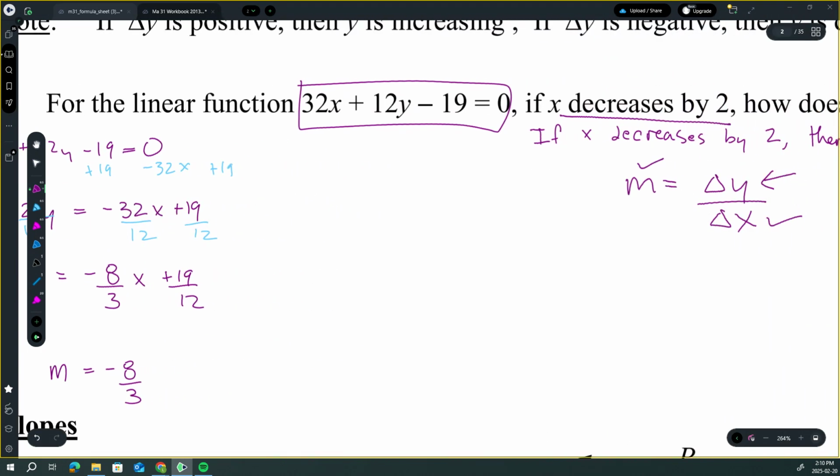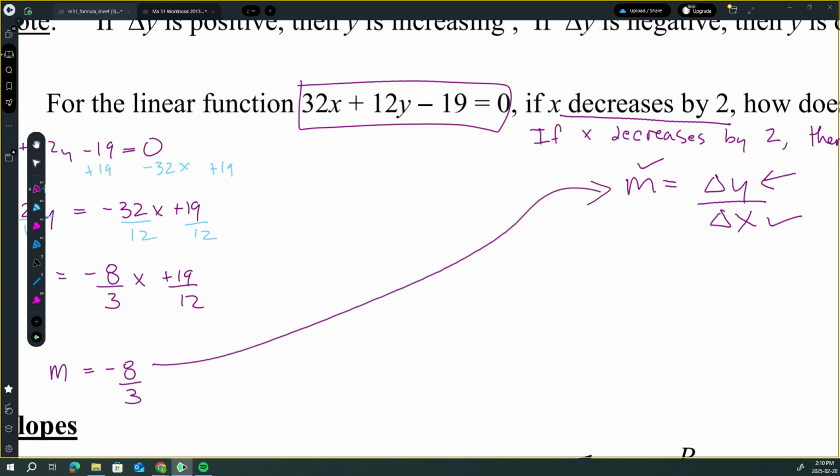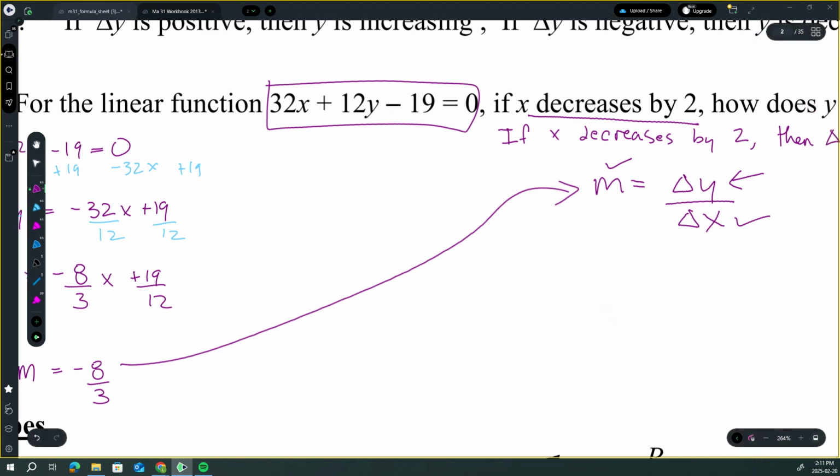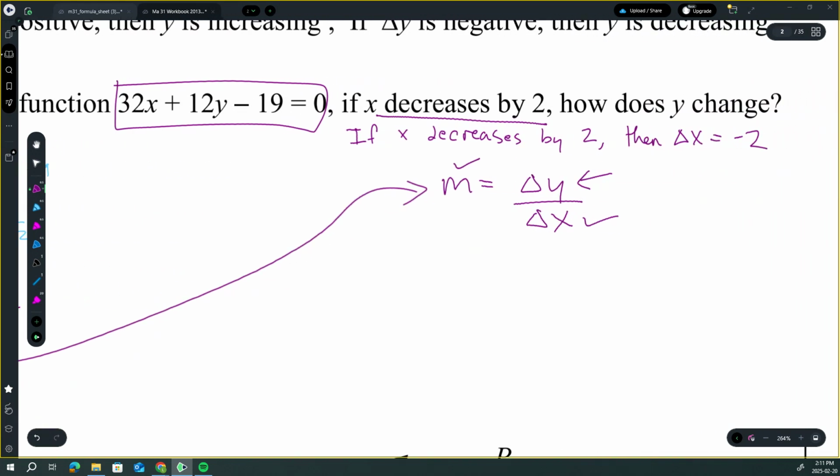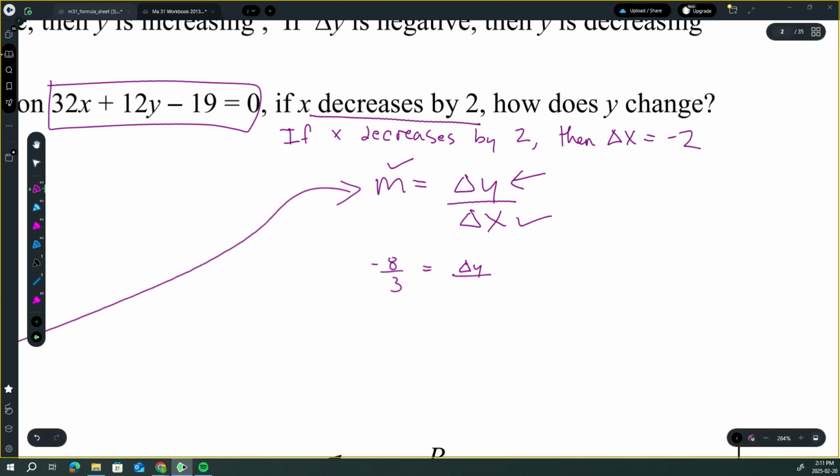Okay, so now what we can do is plug that value into what we were talking about over here when we were discussing the game plan. So negative 8 over 3 is equal to change in y divided by change in x, which we said change in x was equal to negative 2. So that's what I'm going to plug in here.